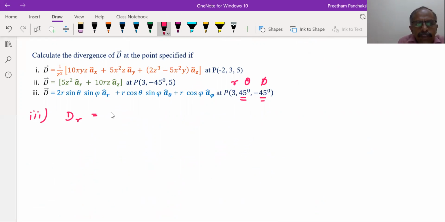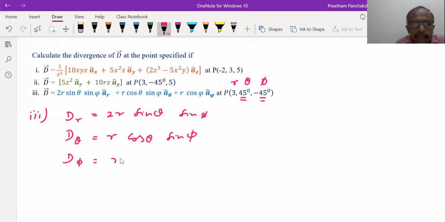The r component is 2r sin theta sin phi. The theta component is r cos theta into sin phi. The phi component is r cos phi. The three components are ready.